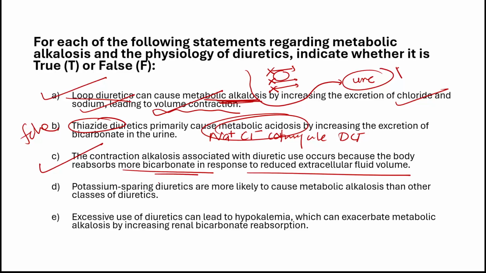So looking at the D statement, potassium sparing diuretics are more likely to cause metabolic alkalosis than other classes of diuretics. Now, looking back, potassium sparing diuretics are diuretics such as spironolactone, amiloride. So these are some diuretics that have the potential to keep the potassium content. Now if I go through a little bit of pharmacology, this is not relevant to you as well, but just a little briefing up.